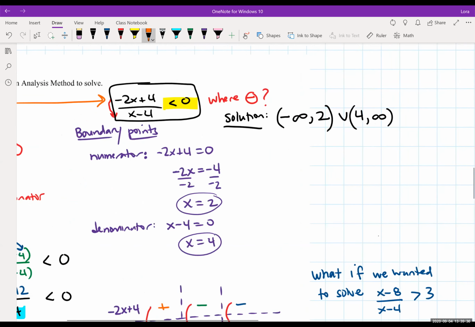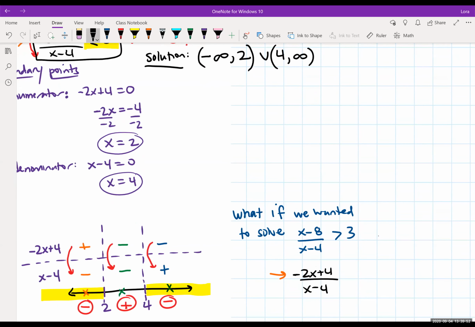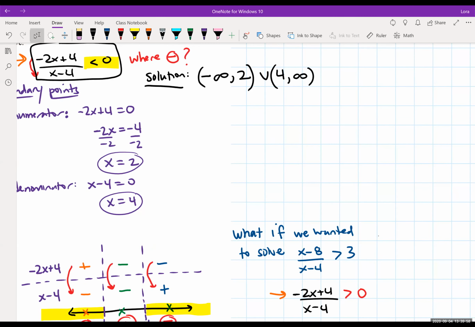So we could go straight to rewriting this as negative 2x plus 4 over x minus 4, and instead of less than 0, we're going to have this rewritten as greater than 0. So nothing's changed except for the direction the inequality symbol is facing.